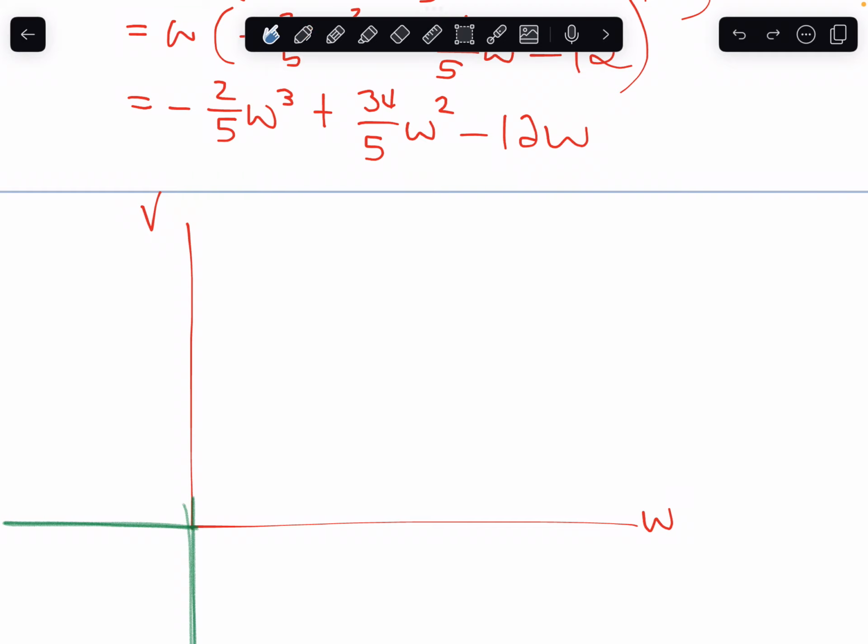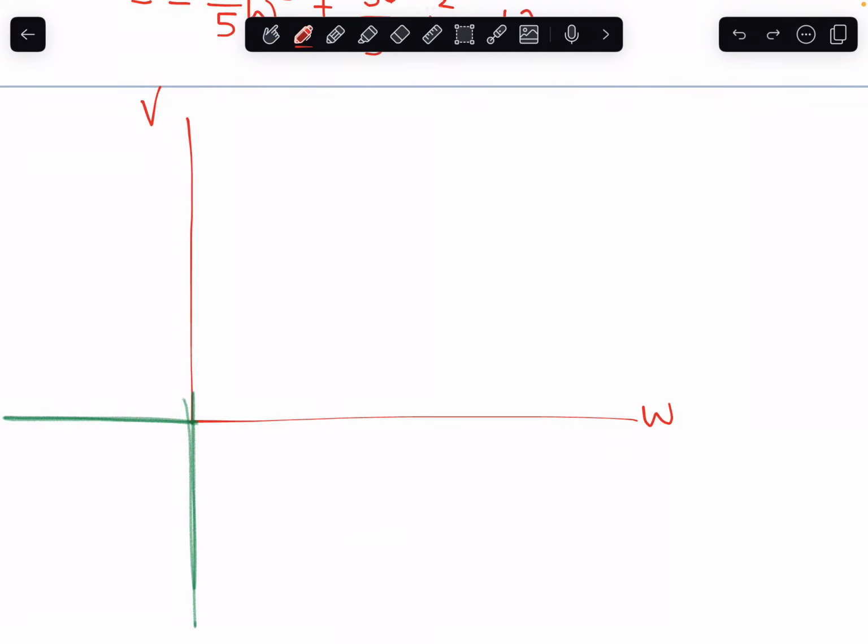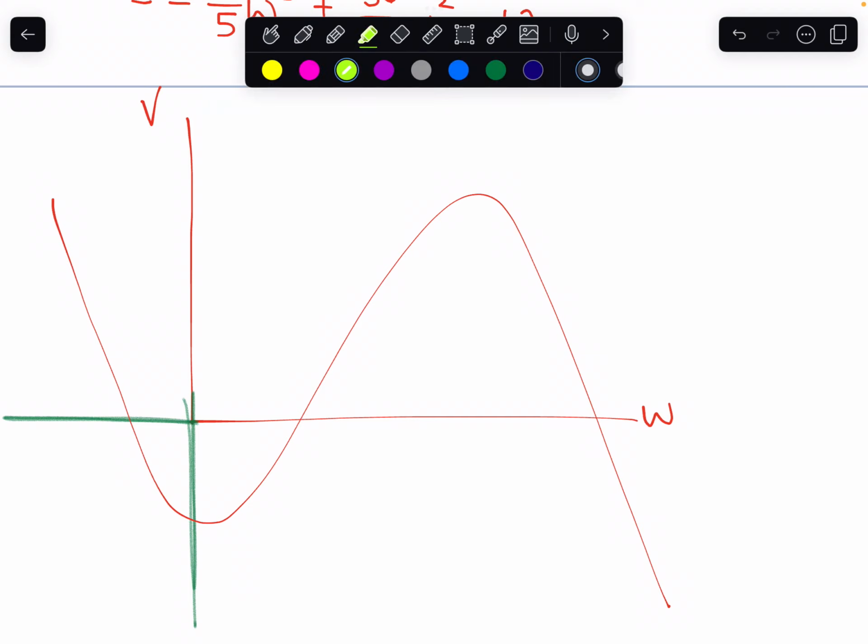Potentially, something that does that, right? And we only care about this part of the graph, right?